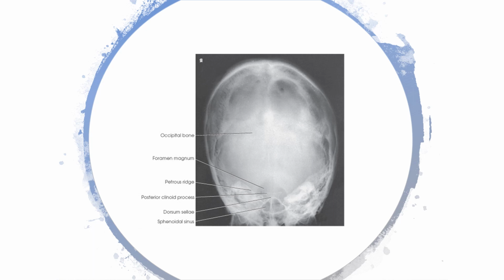Now the dorsum sellae is partially superimposed by the sphenoid sinus. The posterior clinoid processes are still showing up fairly well. Petrous ridges, we actually did a better job with obliquity on this radiograph than we did the other radiograph. Petrous ridges are symmetric about the foramen magnum.